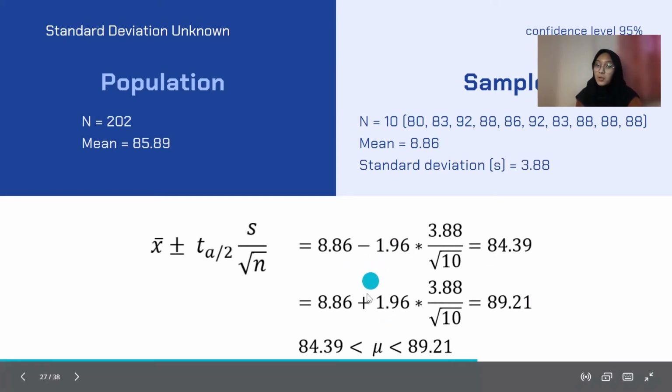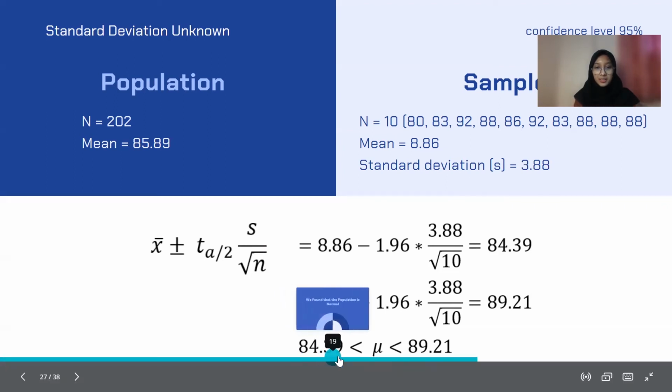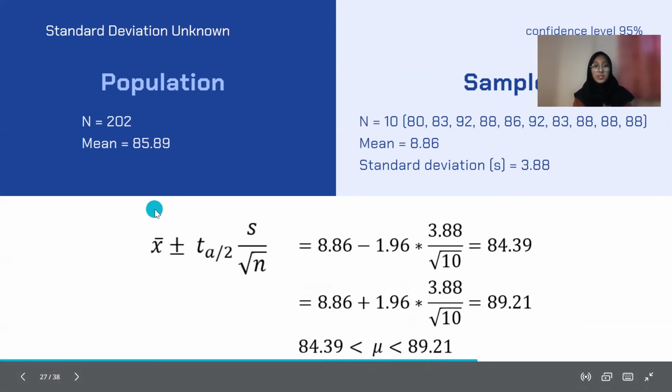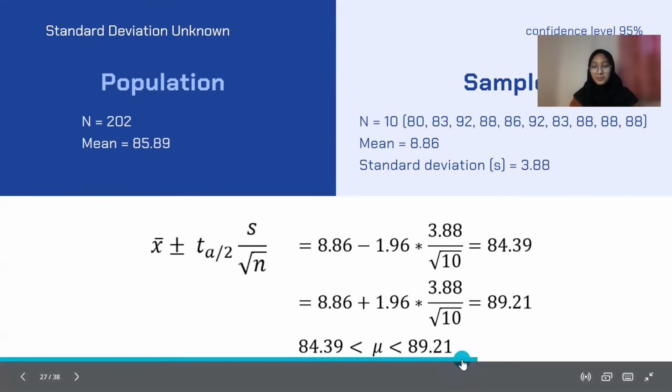If we change the subtraction into addition, we will find the upper bound limit, 89.21. It means that we are 95% sure that the average of the population is between 84.39 and 89.21. And yes, it is right, because the mean of the population that we have is 85.89, and it is between this lower and upper bound limit. So the interval is true.